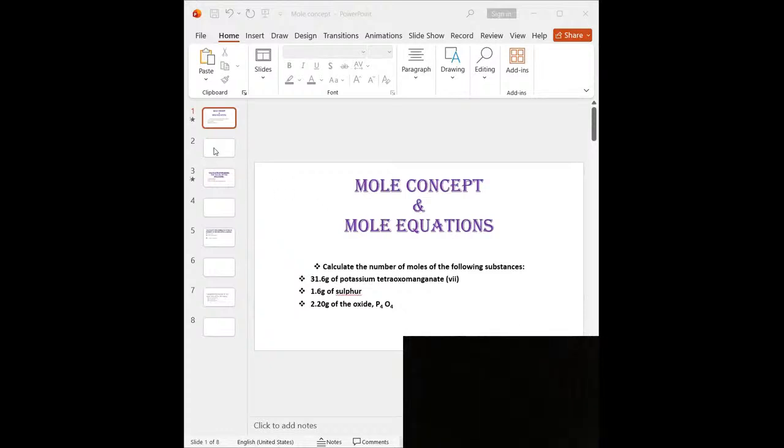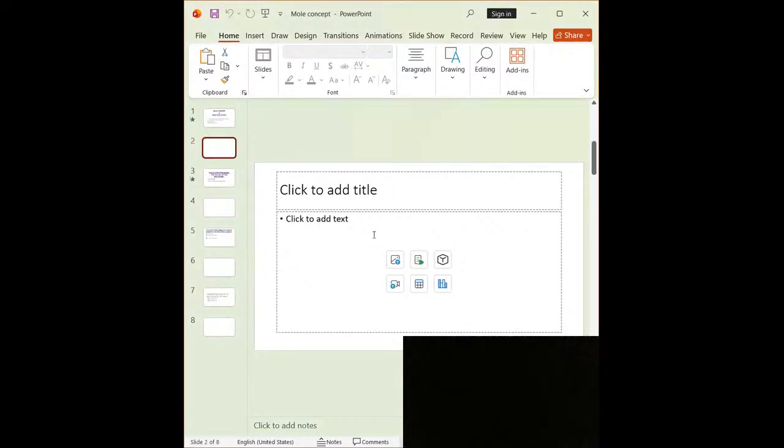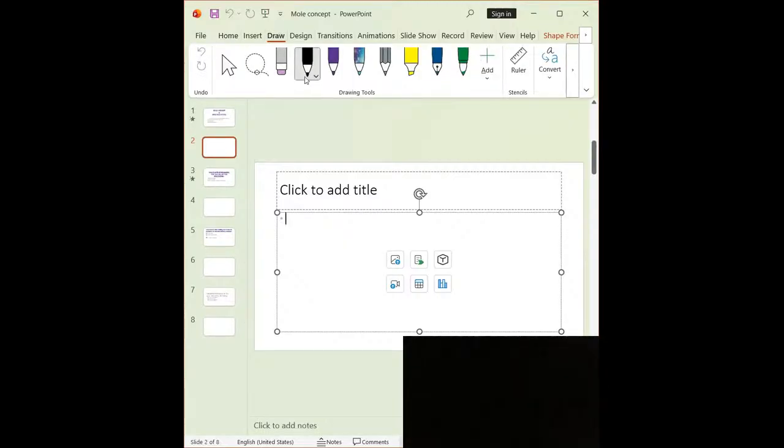Now let me put all the equations down first before we start solving. The first equation we're going to put down is the relationship between the mole and the mass of substance.